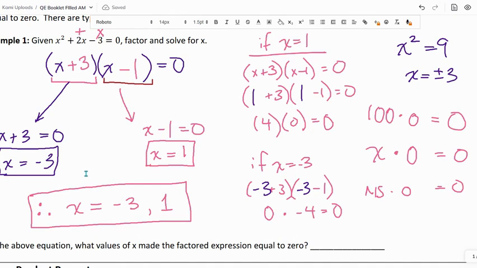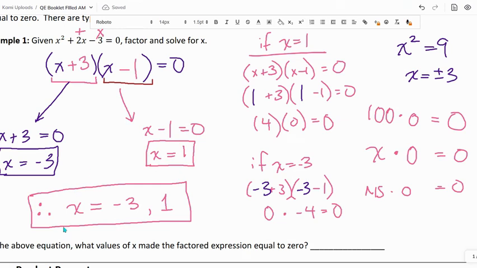That means that when x is negative 3, that will make this entire equation equal to 0. There's another one. How about this factor? x minus 1 equals 0 when x equals positive 1. And so we have two possible values of x that will satisfy this equation.